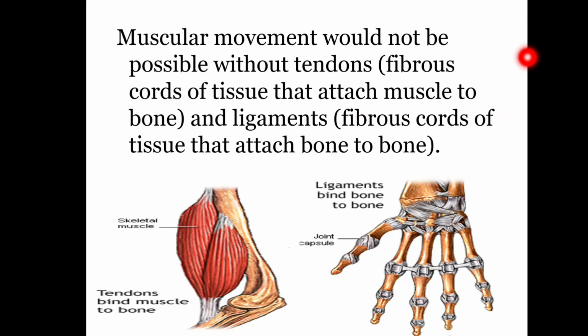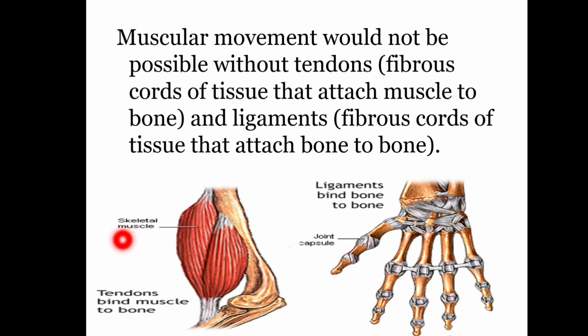Muscular movement would not be possible without tendons, that is, fibrous cords of tissue that attach muscle to bone, and ligaments, fibrous cords of tissue that attach bone to bone. So the muscular movement is not possible without tendons and ligaments. So what are tendons? Tendons bind the muscle to the bone.